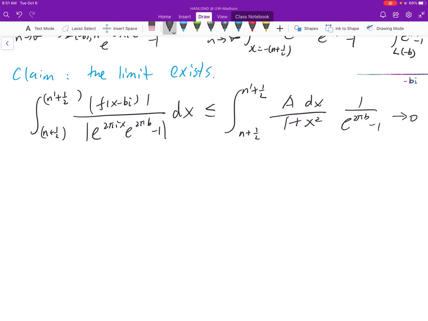This goes to 0 when n prime goes to infinity. Then by Cauchy criterion, of course this is the same for negative n prime.